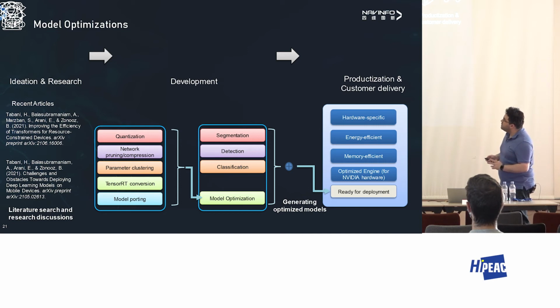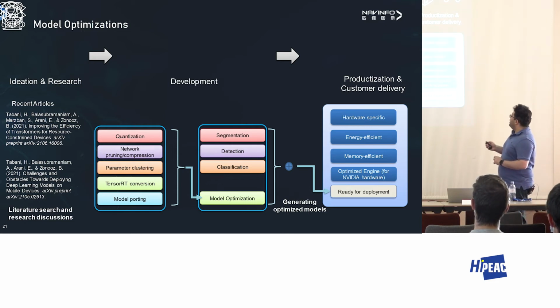These are two of the latest works that we have done in this. One has been presented at the DST conference this year, and the other is the one where we discussed the model optimization. So we can have multiple techniques, which I will explain in more detail, like quantization, network pruning or compression, parameter clustering, TensorRT conversion, model porting, and that can be, of course, for any kind of model, like classification, detection, segmentation.